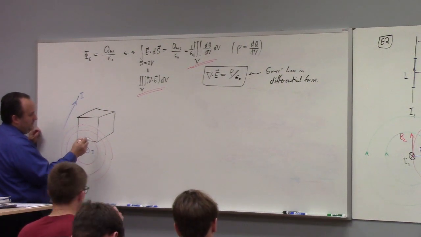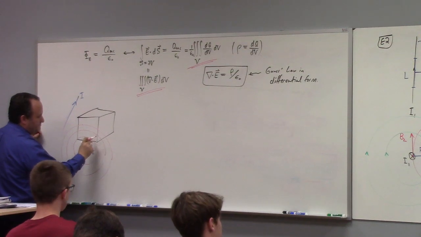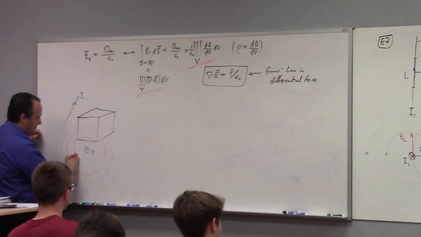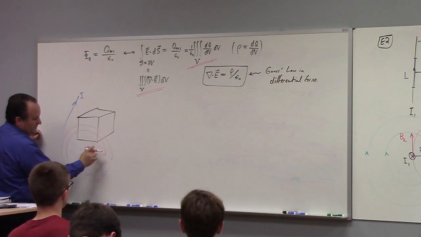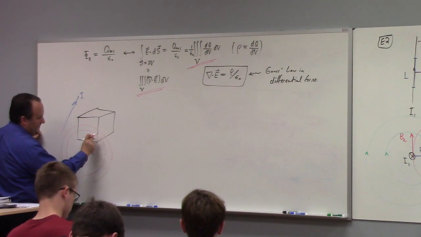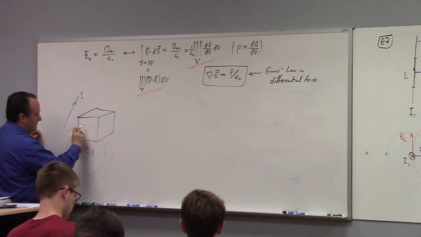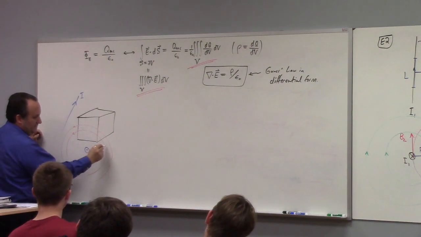Let me get rid of this one, it's counter to my purposes. You should be able to see that if I think about it piercing the cube right here, so this is inside the cube, then it comes back over here.